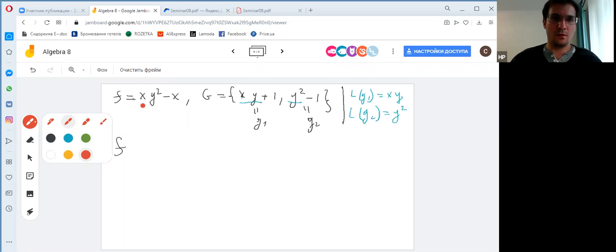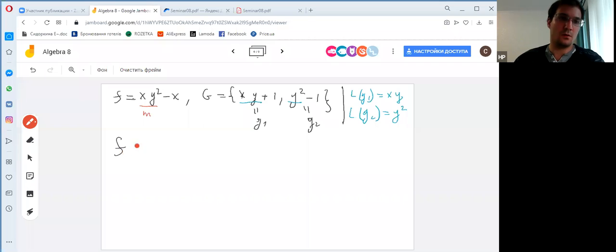For example, this guy is divisible by the first. This is m, and this is divisible by xy.